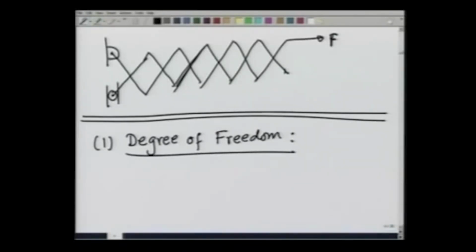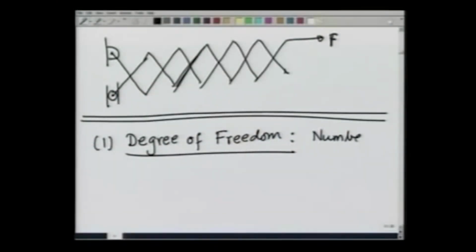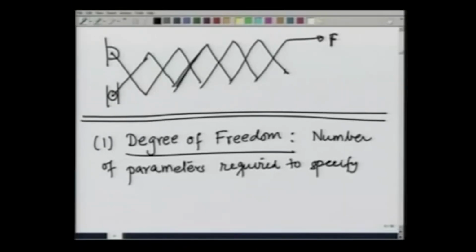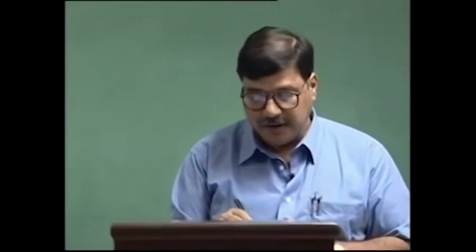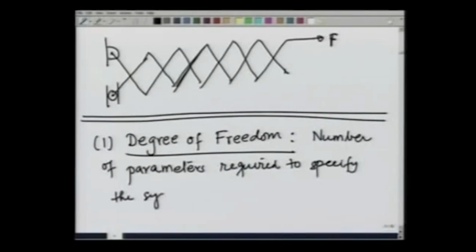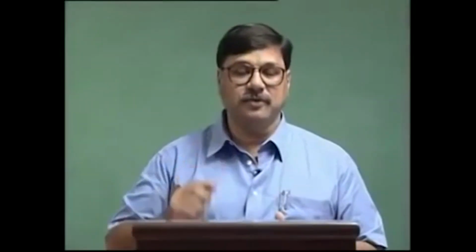The degree of freedom of a system is the number of parameters, and it will be clear when I give an example, required to specify the position, the orientation and all that, of the system. When I say specify the system, I mean precisely that. What is its position, what is its orientation, at what angle is it from vertical, and so on.